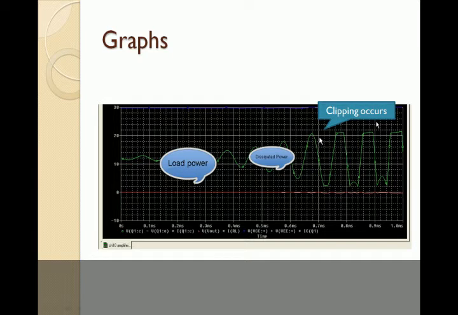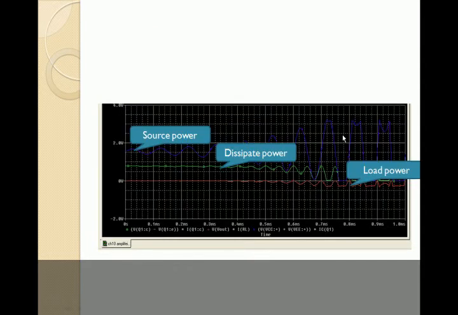The clipping occurs after a particular peak. Now this is the graph between the source power, the dissipated power, and the load power. This is the power flowing through the load 5K.